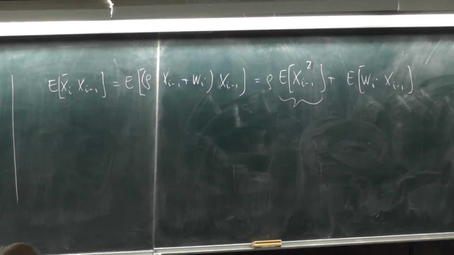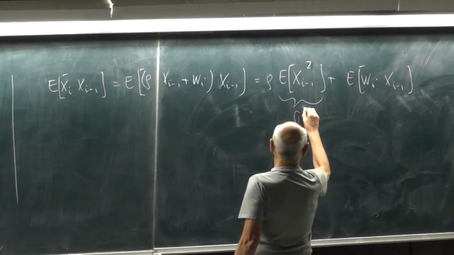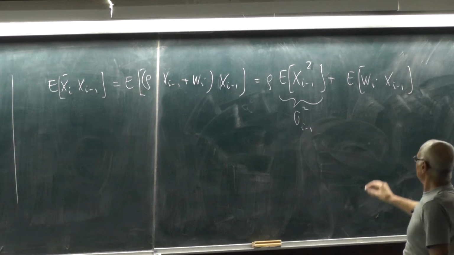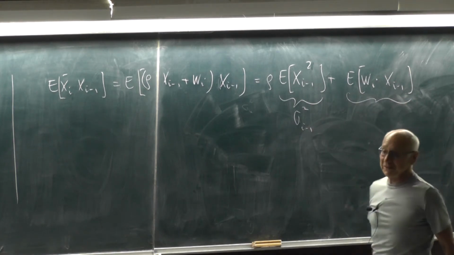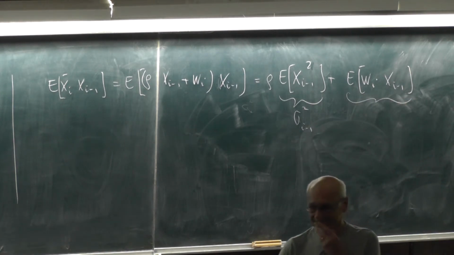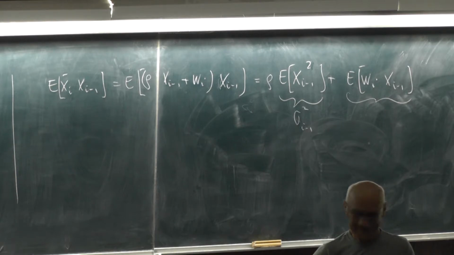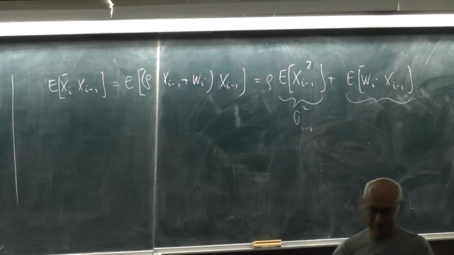So let's call it this way. Variance at time i minus 1, right? Okay. What about this? Right. That's right. The answer is 0, but let's go step by step and understand why.